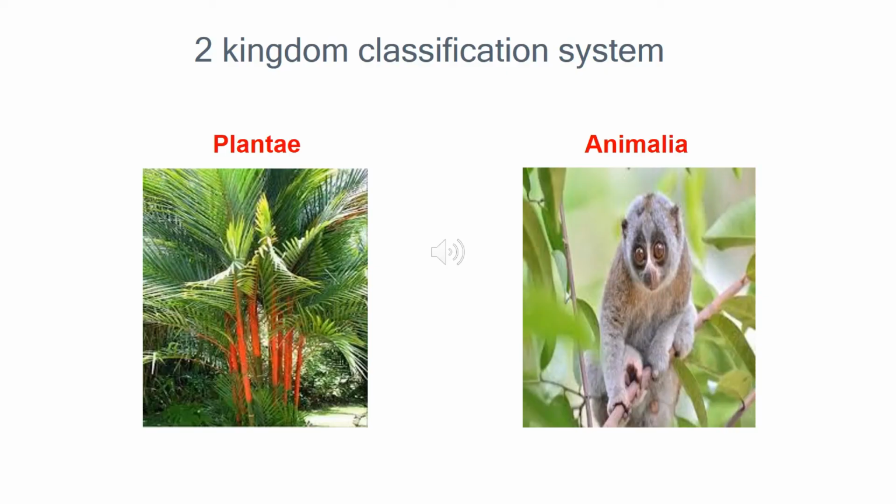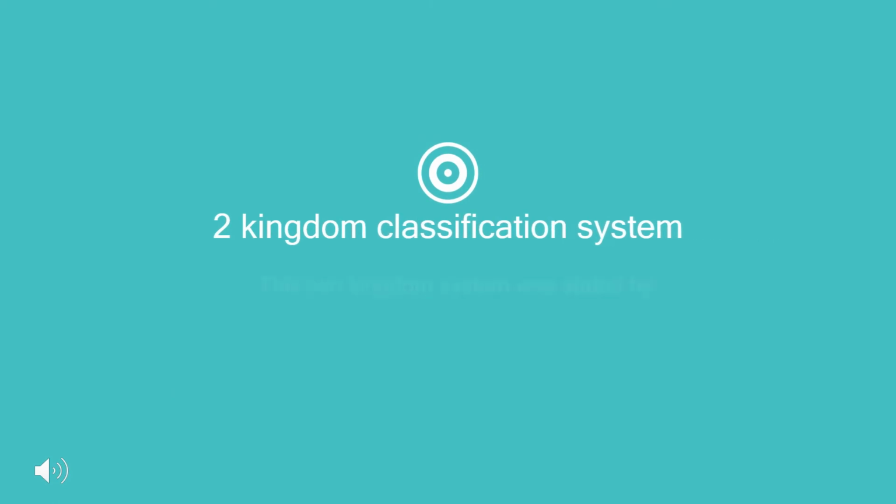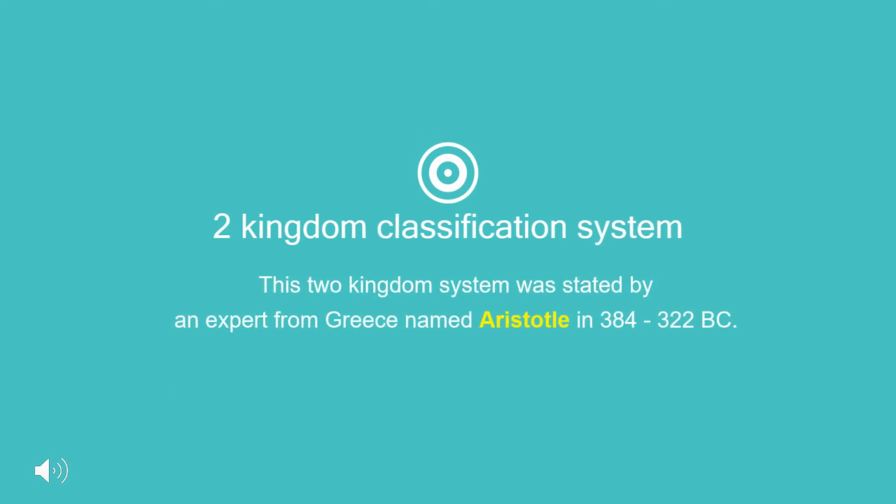And then it goes more specific to the 2 kingdom classification system, which only consists of PLANTAE and Animalia. This kingdom classification system was found by Aristotle, an expert from Greece.